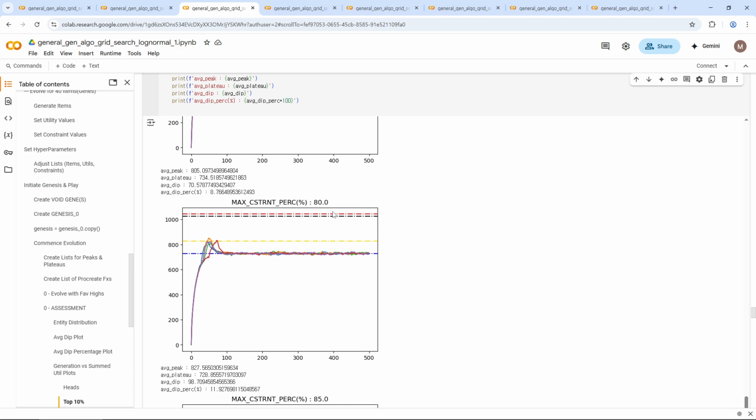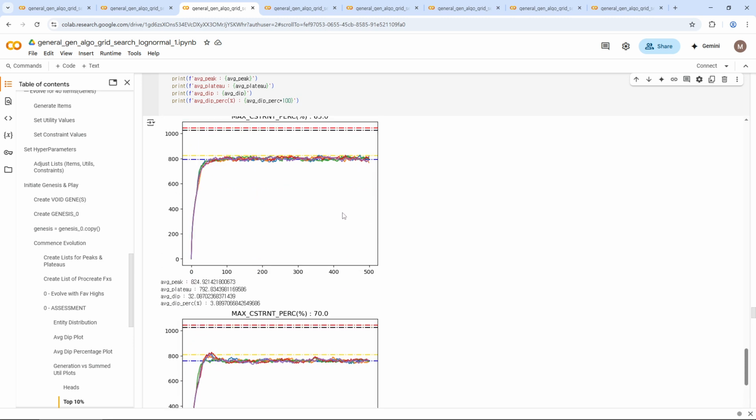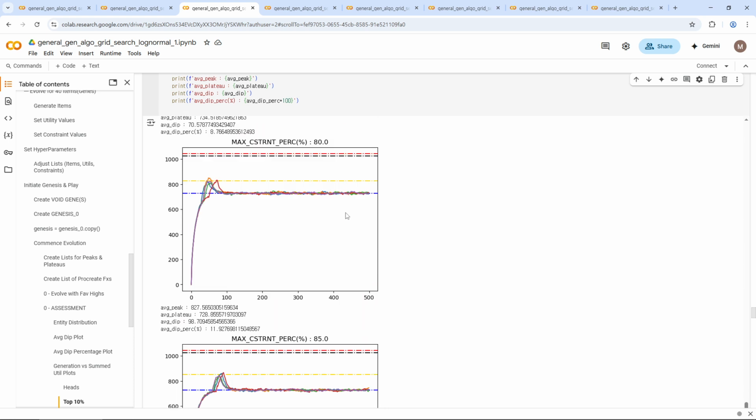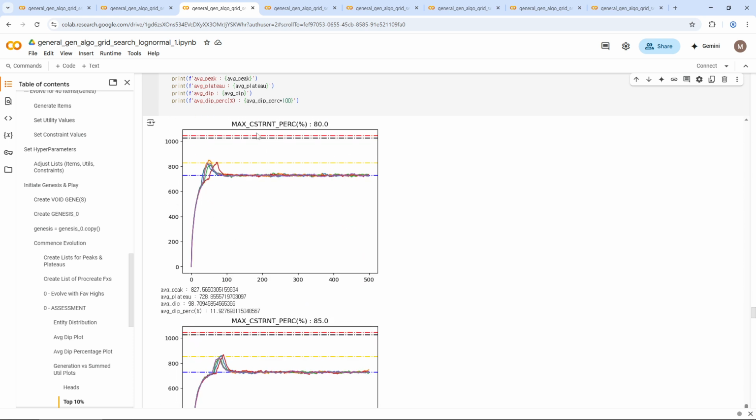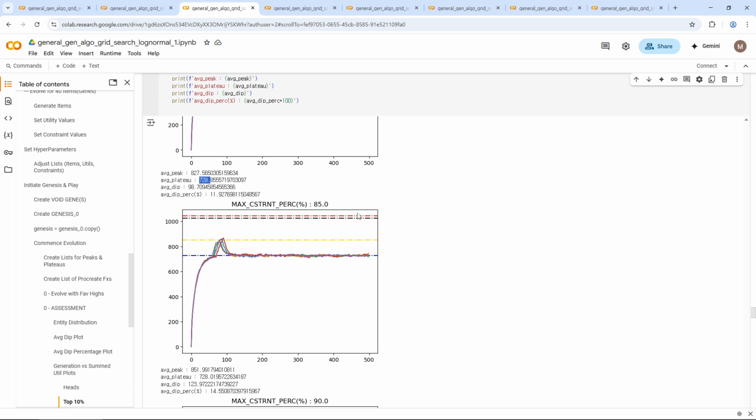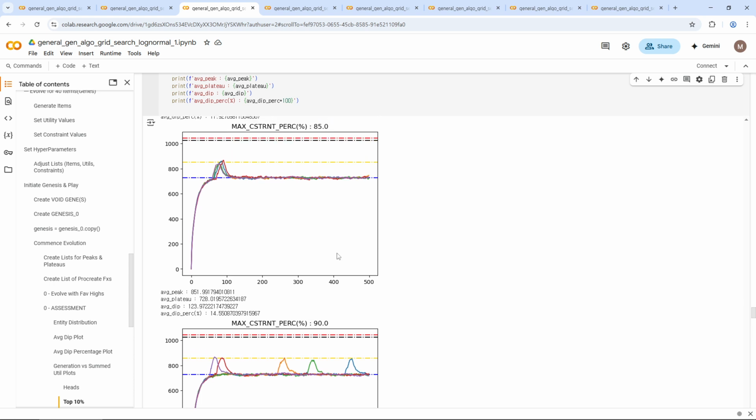At 80%, it's worse, because now the average peak is at 827, but the average plateau is even lower than that. And I said 85 and 90. Let's have a look at what happened. Average peak is 851, but the average plateau is at 728.